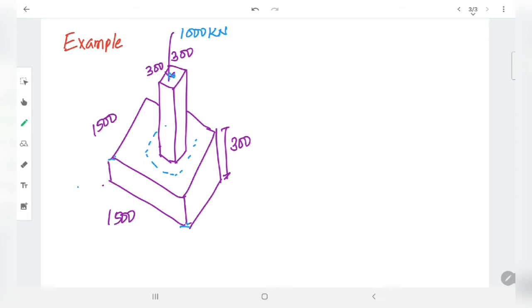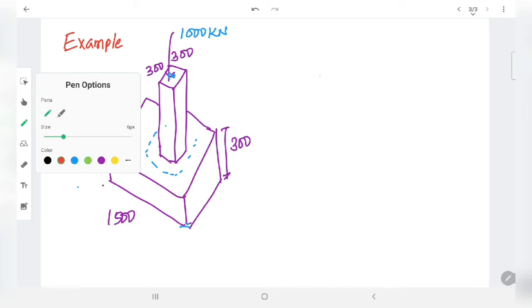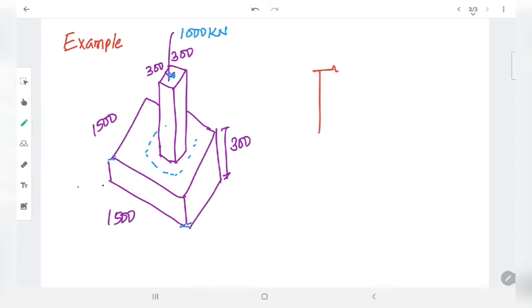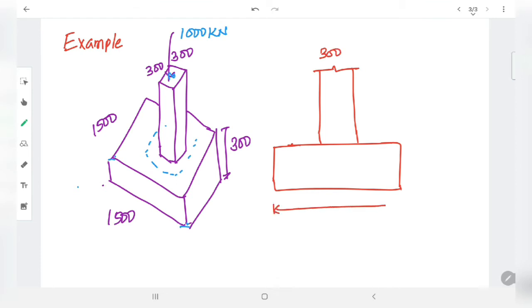Here we'll understand what exactly punching shear is. First I'll draw the column and footing junction. As discussed, the size of the column is 300 mm, the size of the footing is 1500 mm and the depth of the footing is 300 mm.